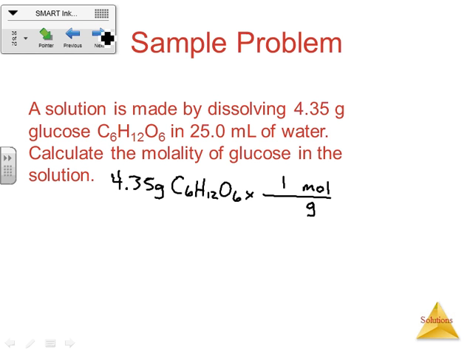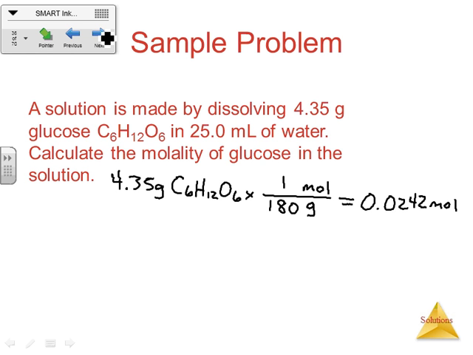I could be wrong. Yeah, 180. Give or take. It's kind of pathetic I have that memorized, actually. Okay, so 4.35 divided by 180, so we have 0.0242 moles. Both three sig figs there. Okay, so that's our solute.